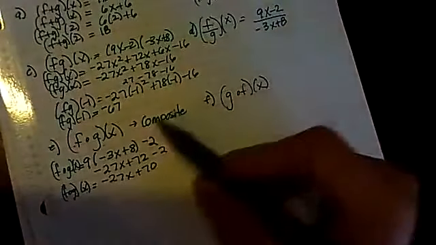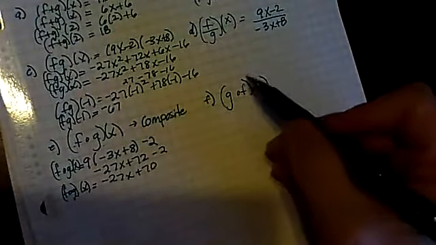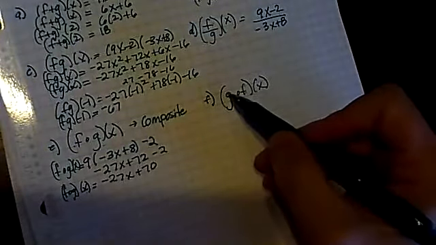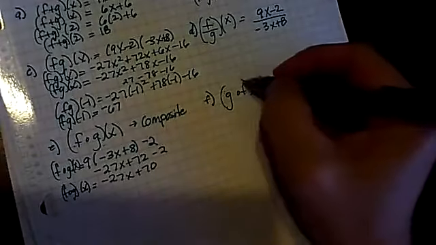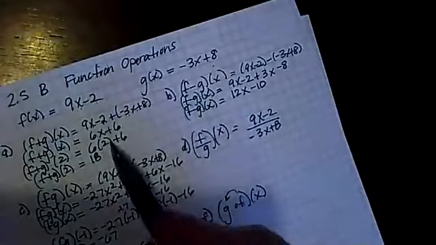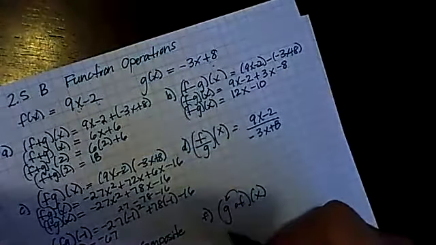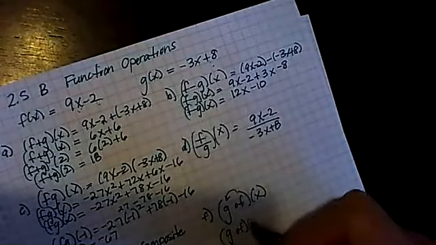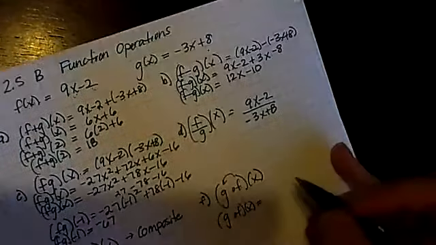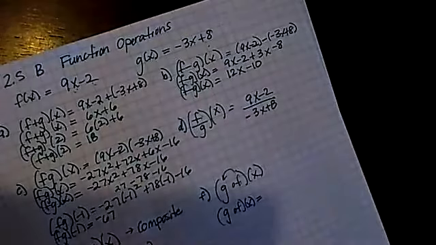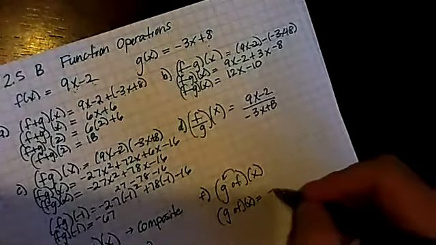All right. So let's look at G composite F. What's the difference? This one is saying substitute F into G. So F goes into G. Now we're going to take 9x minus 2, and we're going to put it in right here for X. So our G composite F, F into G. We're going to come over here and write negative 3.